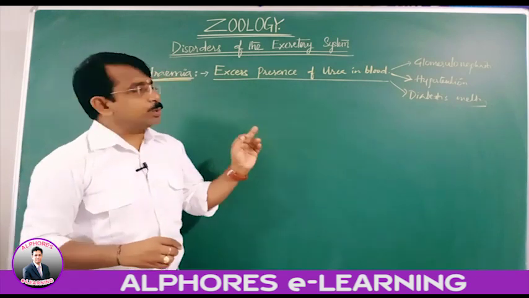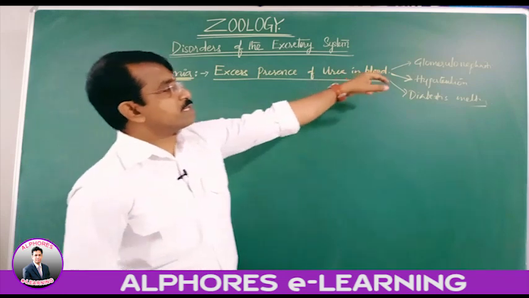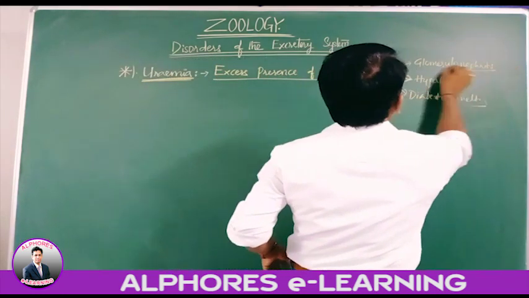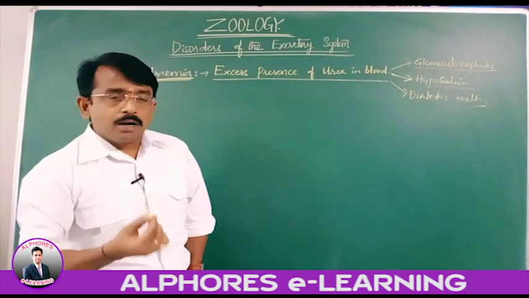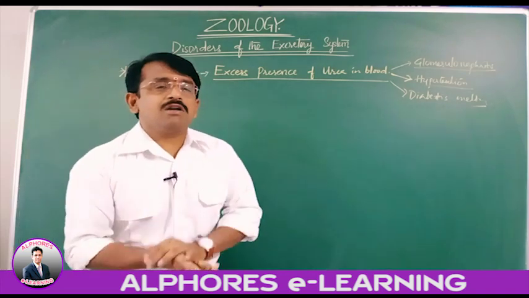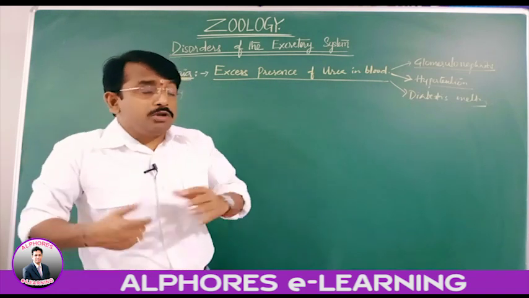It is due to the impairing of the function of the kidneys, that is, glomerulonephritis and hypertension. Glomerulonephritis means inflammation in the glomerulus, where the glomeruli are engorged with blood, meaning the glomeruli are swollen with blood. What do you mean by that?